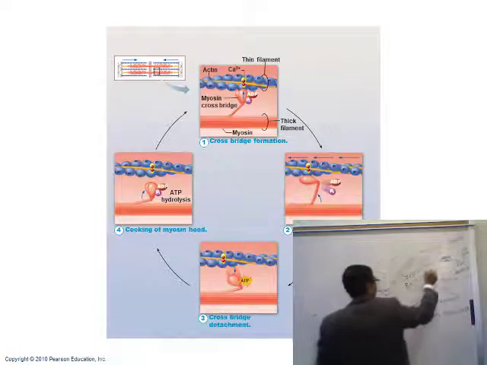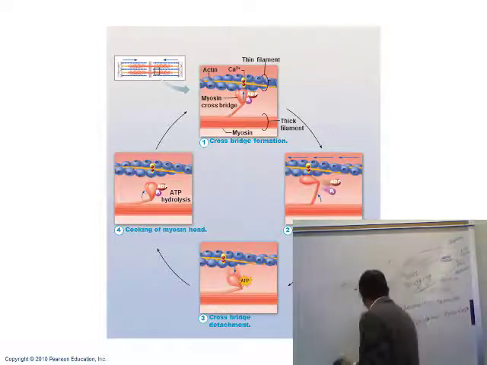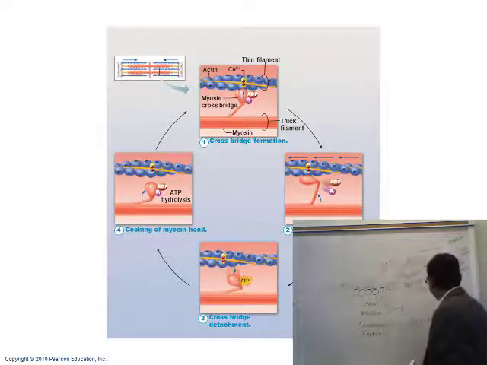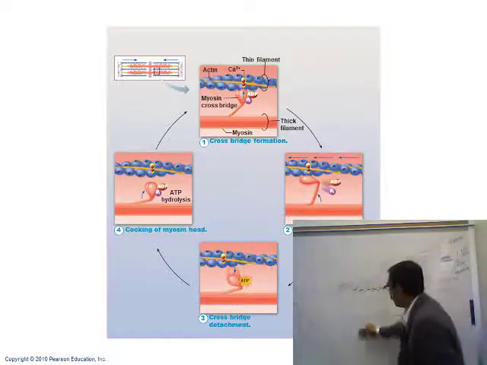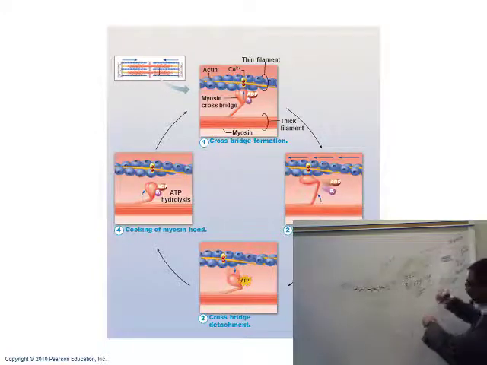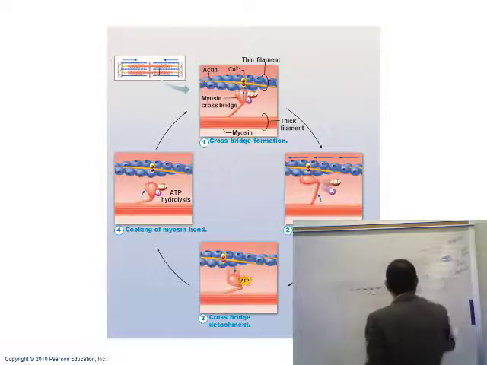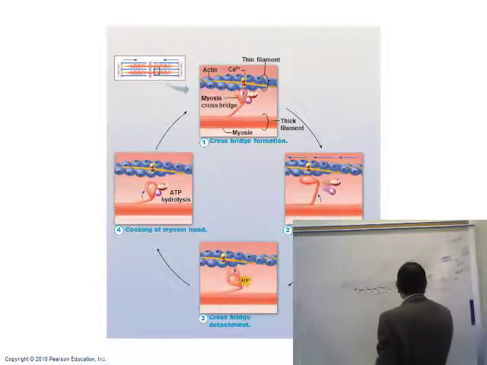So power stroke is next step. After cross bridging, next is what? Power stroke. The bending of the head. All these heads will bend. That is called the power stroke. Okay.